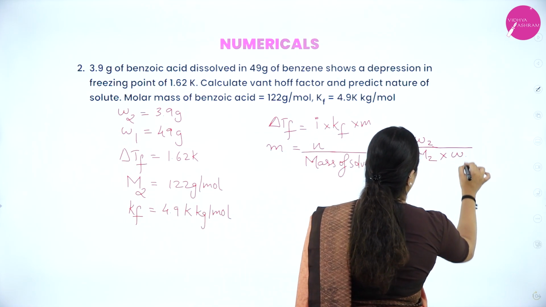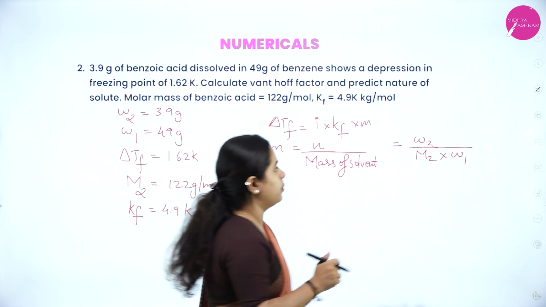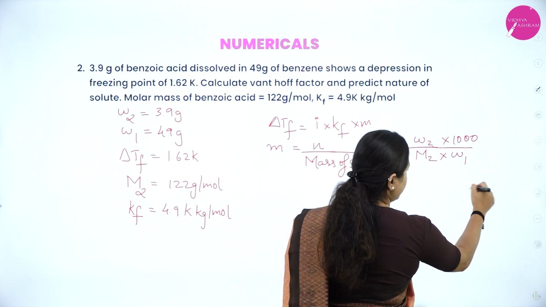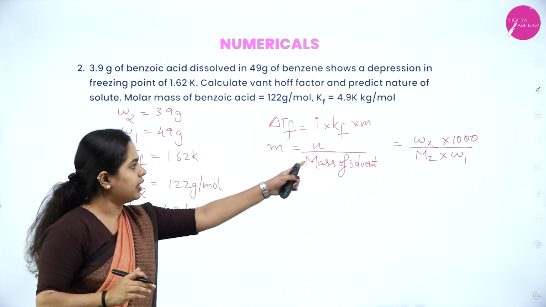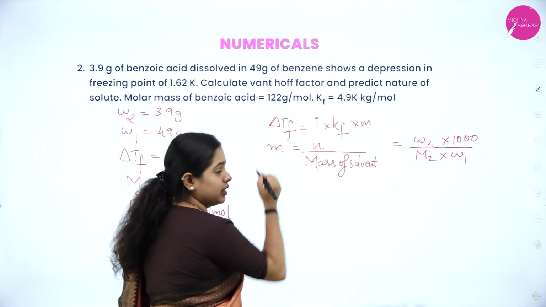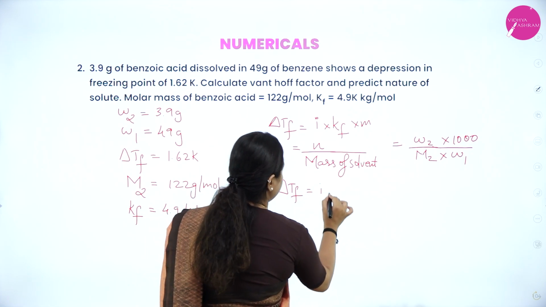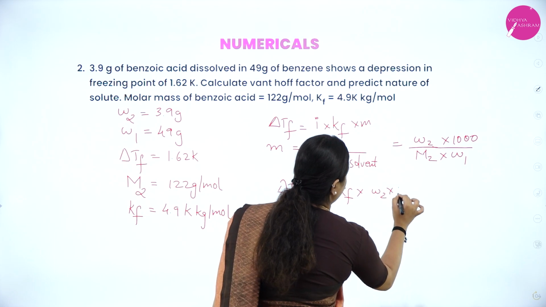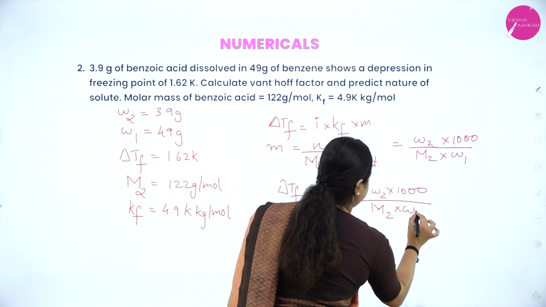Now if it is in grams, we have to convert it into kilogram, so what do we do? It is divided by 1000, which comes to the numerator as into 1000. Clear? So that is molality. So we can write this equation in terms of molality: delta Tf is equal to i into Kf into W2 into 1000 by M2 into W1.